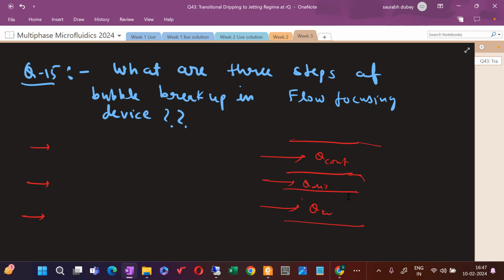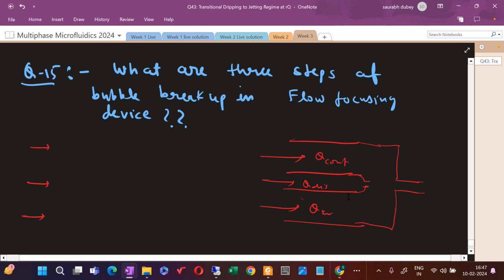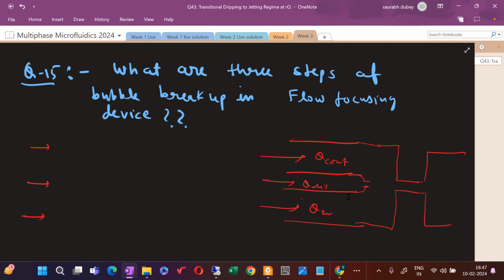These are coming up like this. These are notches, and then this has to pass through some constriction over here, and then into something bigger. When this flow happens, there will be neck formation, and there will be dripping coming up. So these are flow focusing devices.